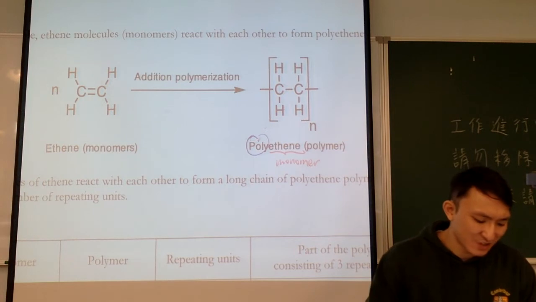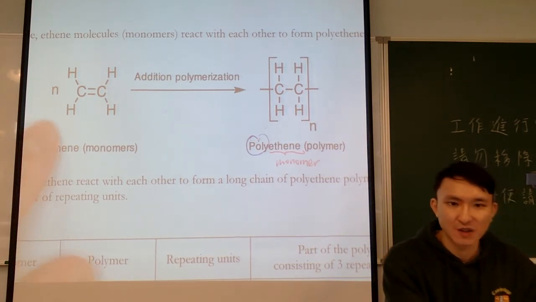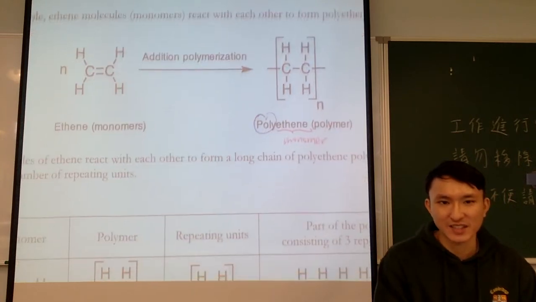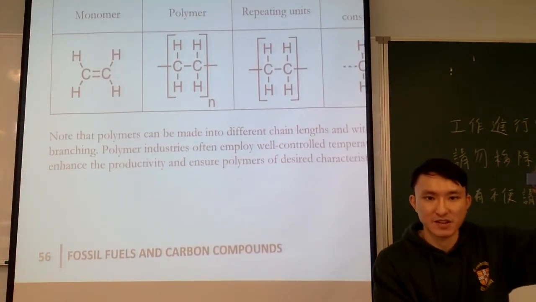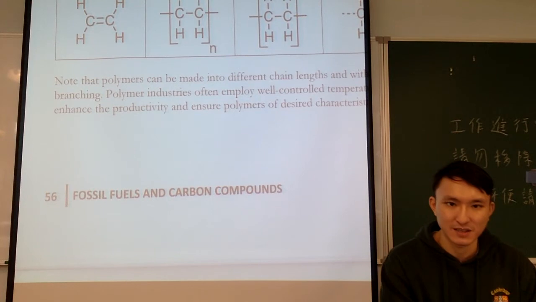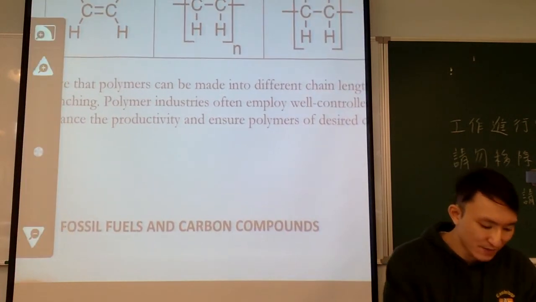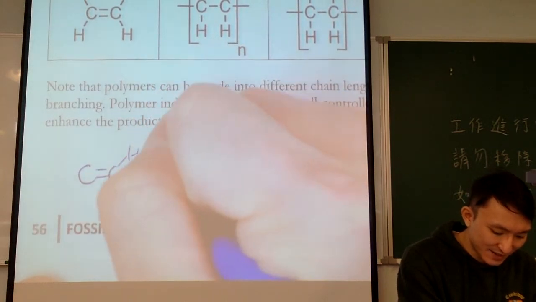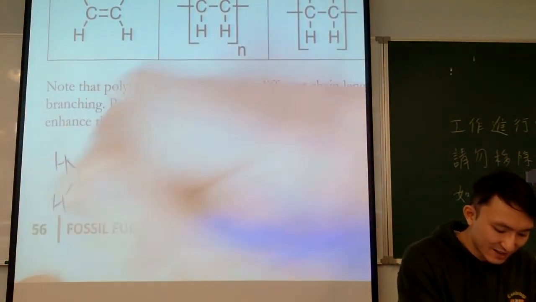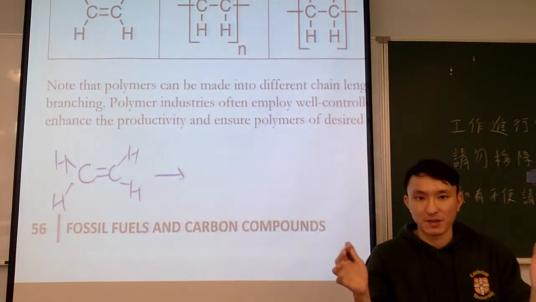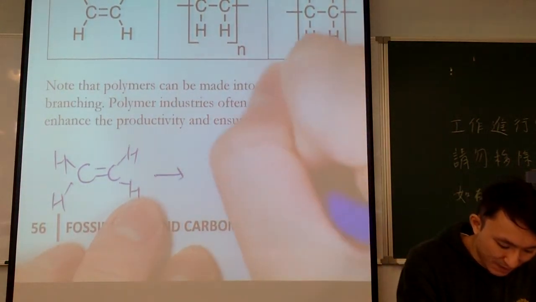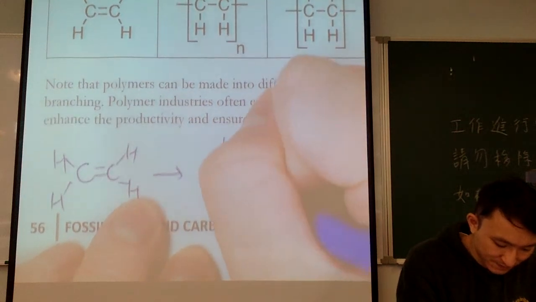Now the second thing, I want to illustrate to you how this possibly takes place. I use the empty space down here. The idea is very similar to addition reaction. When we have an alkene, it is able to open up the CC double bond, so it will become something like this.